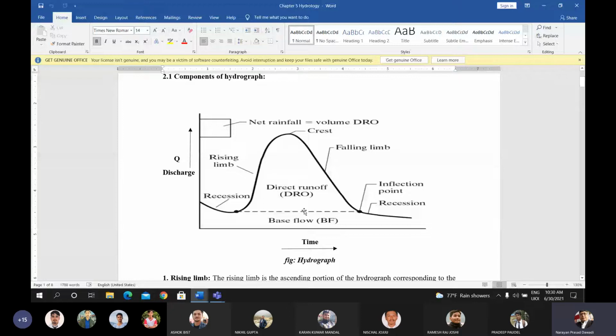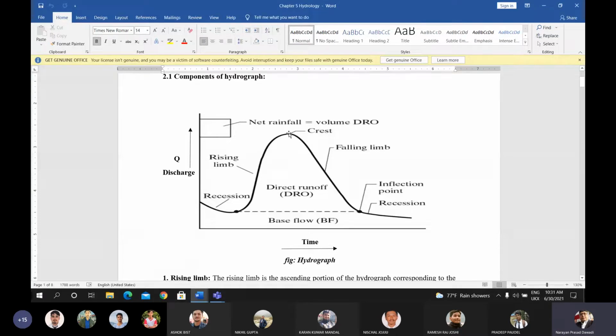Initially, water from the nearby land reaches the stream, and the discharge rises slowly. When the water from the farthest land contributes to the river, the discharge of the river rises quickly, and it attains the peak value of discharge.